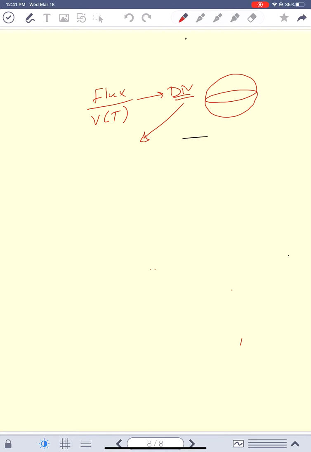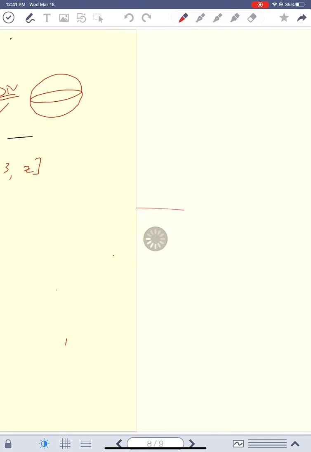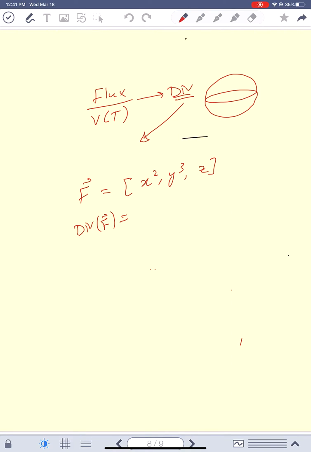So for example, you have a function, say with x squared in it, regardless. If you find the divergence, it will be 2x plus 3y squared plus 1. So if you find the divergence of f at a certain point, let's say (1, 1, 1), it will be 6. What is the meaning of the 6?